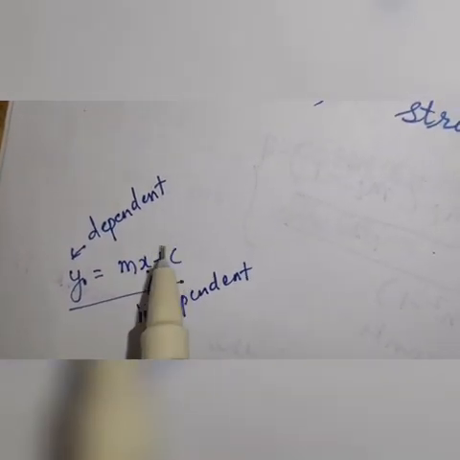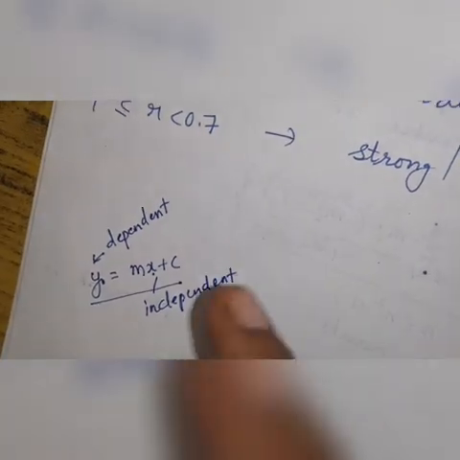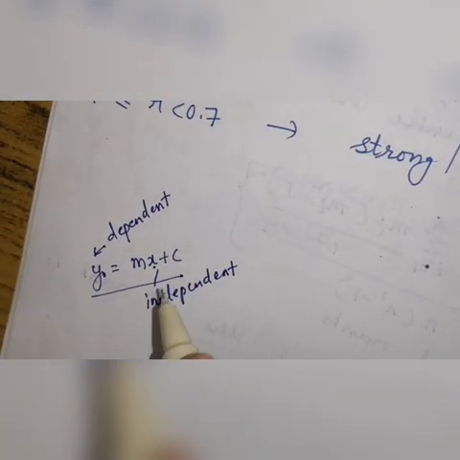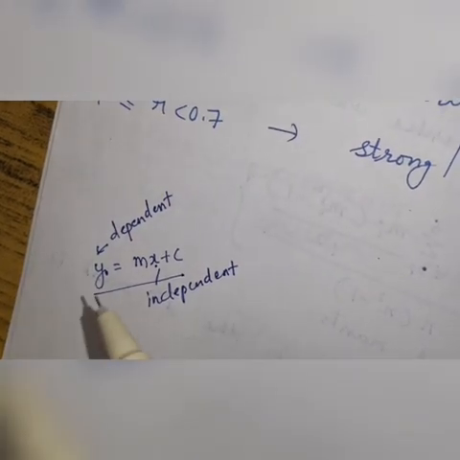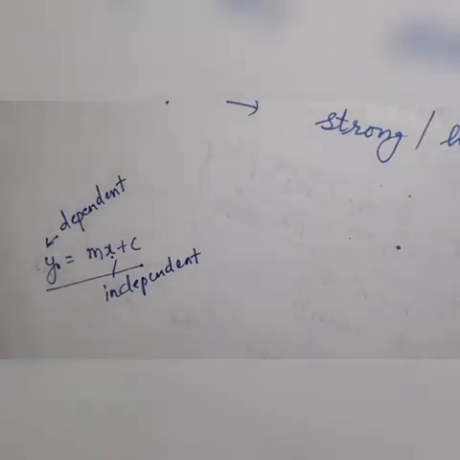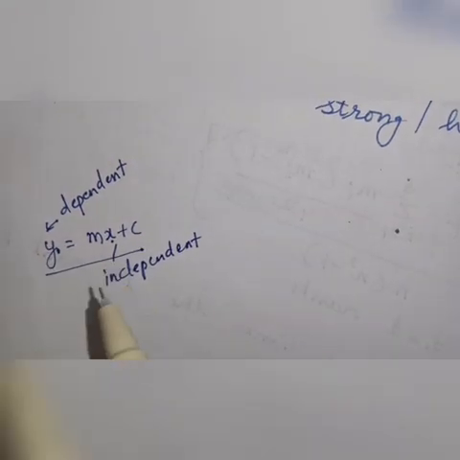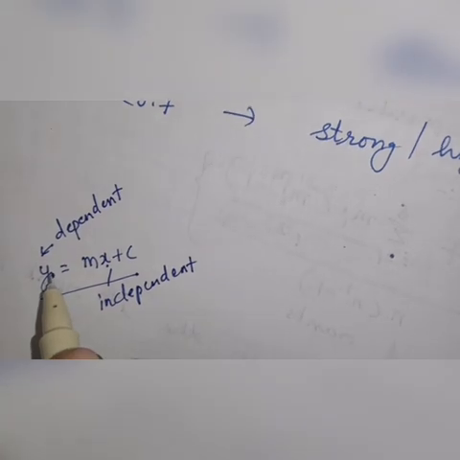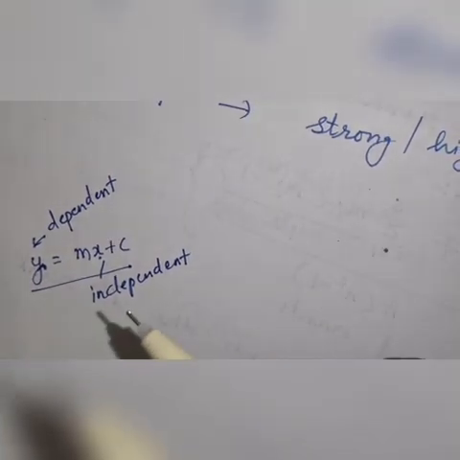So when we are substituting the variables x and y in this particular equation, and we are doing it for multiple values, we would like to see whether a relationship exists or not, and how strongly x and y are related to one another.